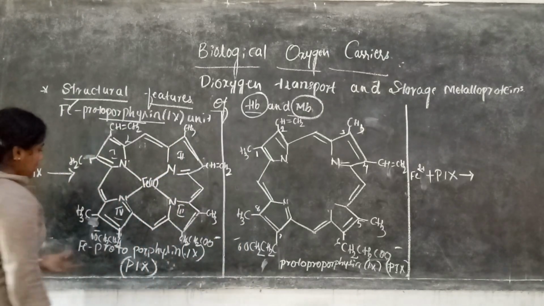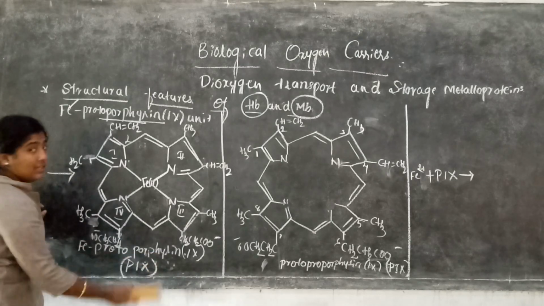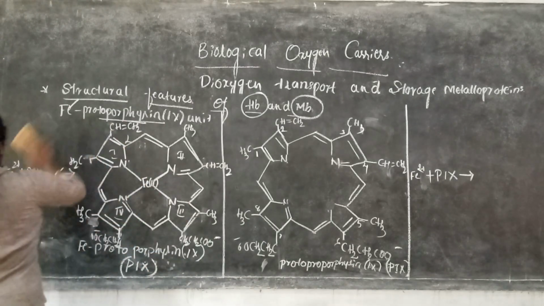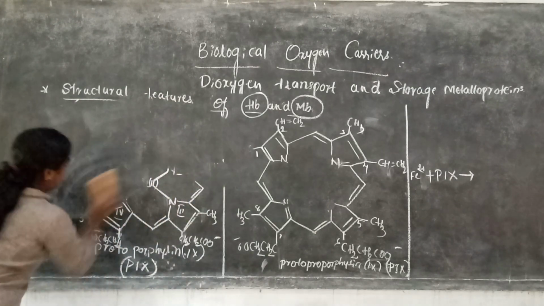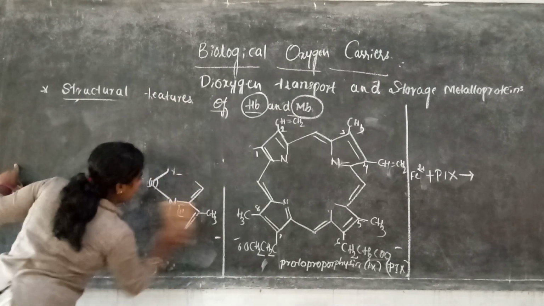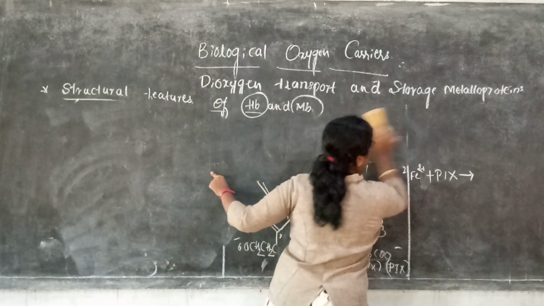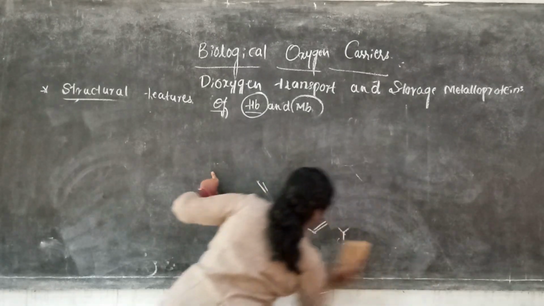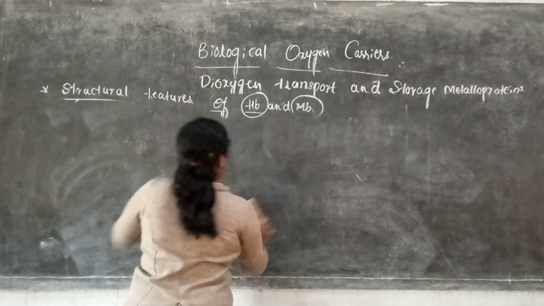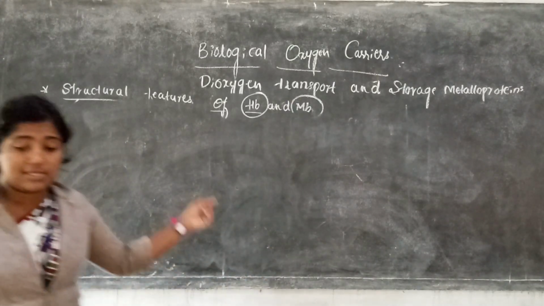This is the structure of Fe protoporphyrin 9. Let us discuss the classification of hemoglobin.